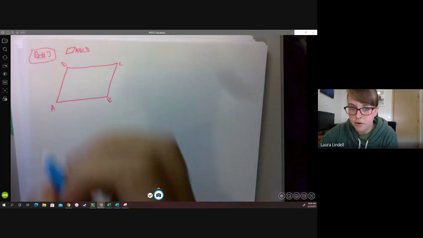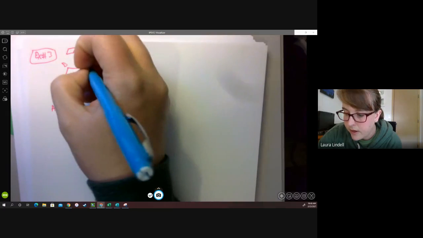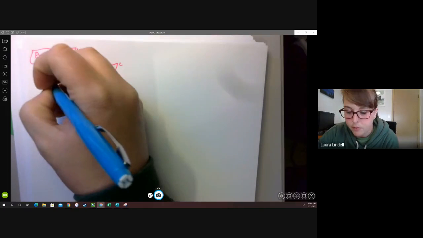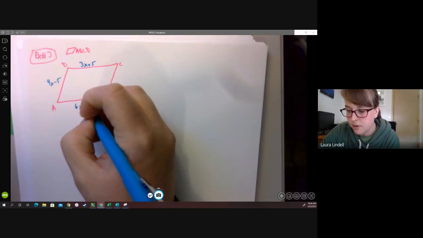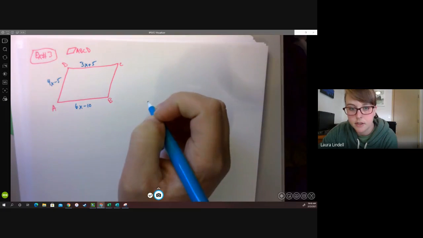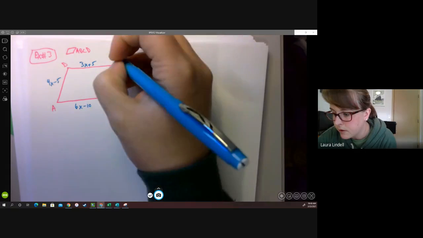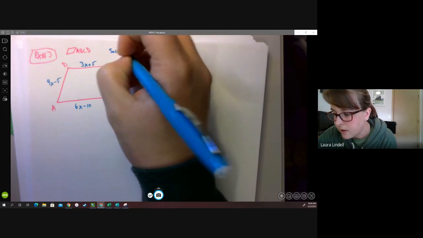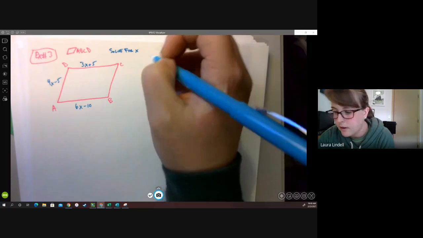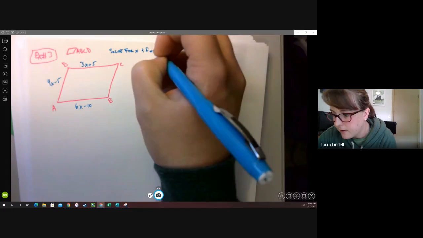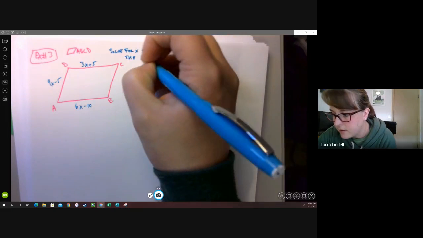We also know that this side length is 3x plus 5. This one is 4x minus 5. And this one is 6x minus 10. And we want to solve for x and find the side lengths.